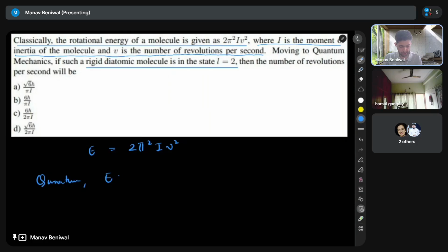So our energy E we know is L(L plus 1) h cut squared upon 2I. How do we get this?